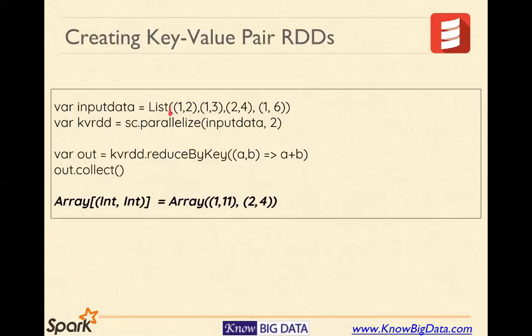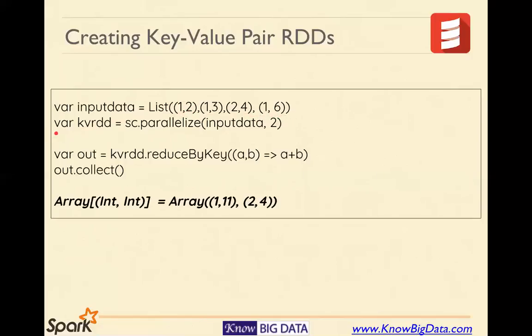And each input record is of which data type? Tuple, correct. It's a tuple of integers. Good. So this list is made up of tuples. Tuple is like couples, like X and Y.